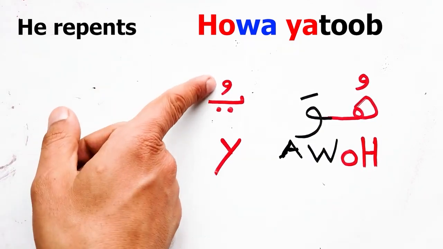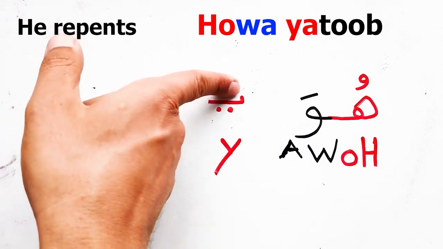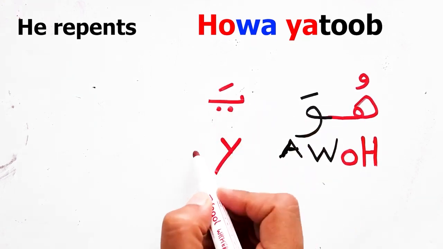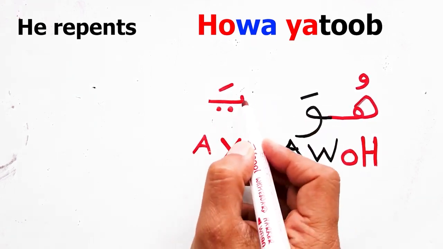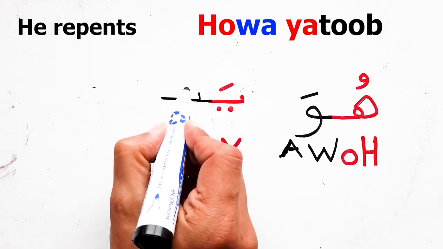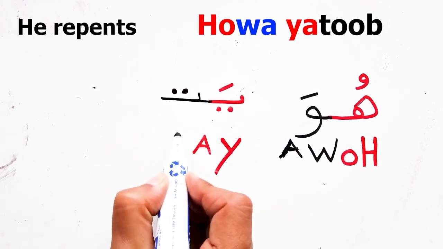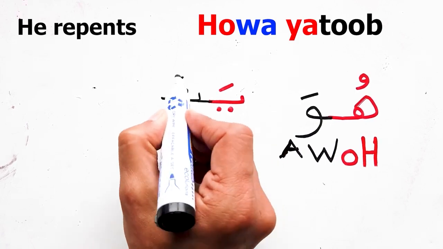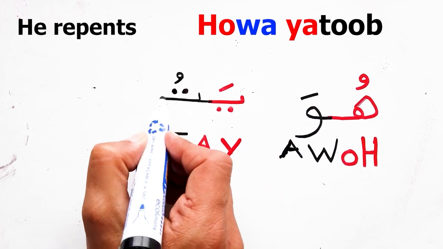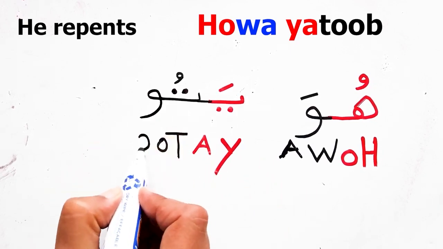Okay, I will keep the same here. This mark in the top sounds like O, so I will remove it because the word is yatub. Here, the sound of A. Let's add A here. Ya. Ta. The sound of T here. Let's add it. Ya, ta. The sound of O. This mark sounds like O. Ya, tu. Long vowel.